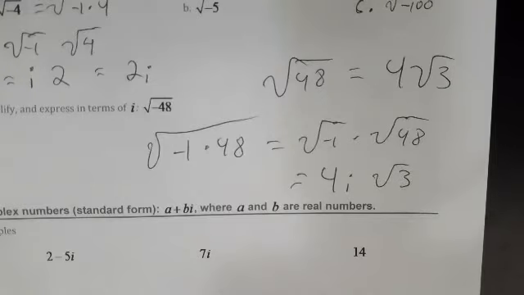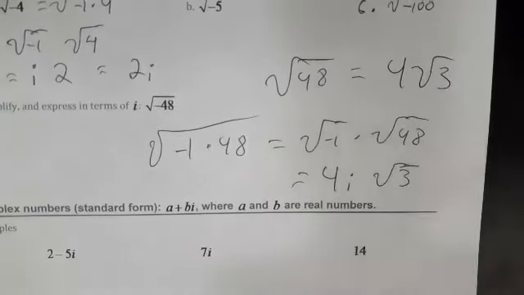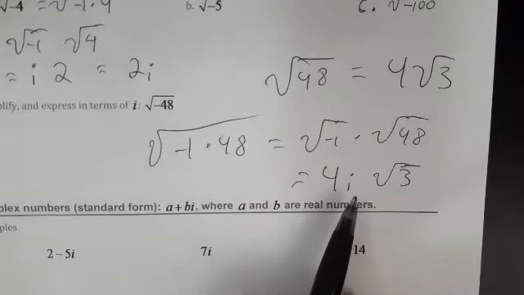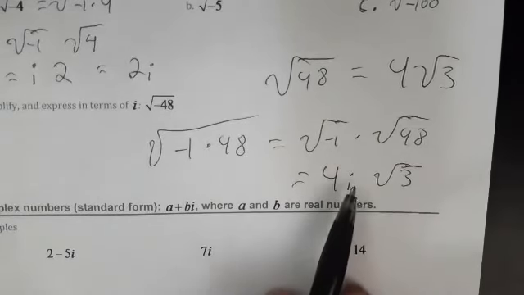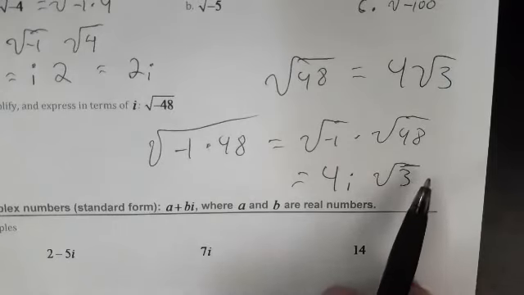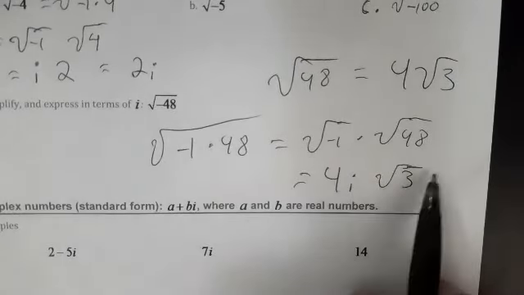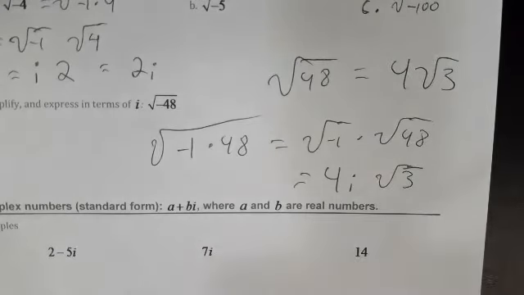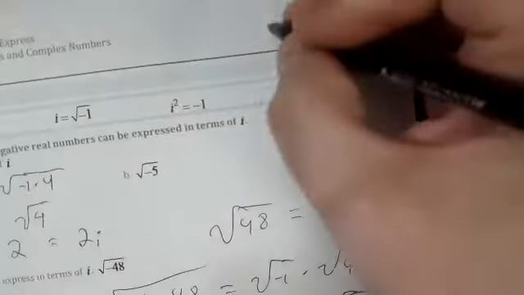So the i is going on the outside when we take it out. We're plucking the i out of the square root. It is coming out, it is staying on the outside. So I will always write my i in front of my radical right here. Sometimes your book will put the i over here, and I really don't like that, because if you extend your radical too far and you put your i underneath the radical, it does change it.